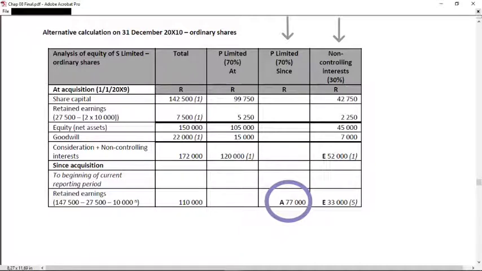So when you look at the calculations at the bottom of the statement of changes in equity, the amounts you keep on adding to that of the parent for retained earnings in the group are all the amounts coming from this column over here.